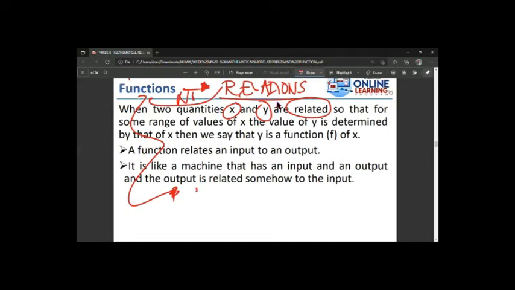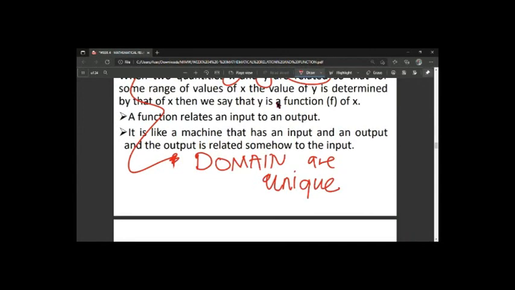So dapat magiging function ka if yung domain mo or yung x values ng ordered pair mo are unique. Okay? Unique dapat siya. So meaning, non-repeating.